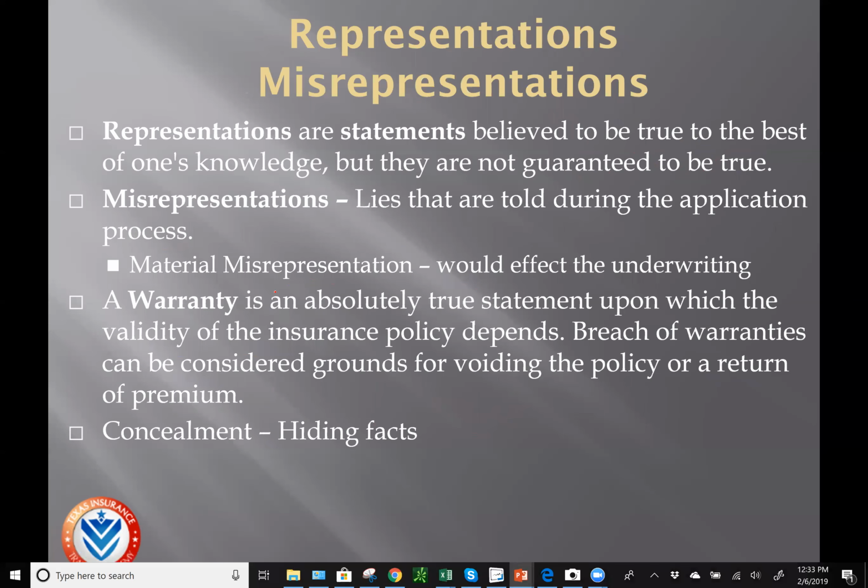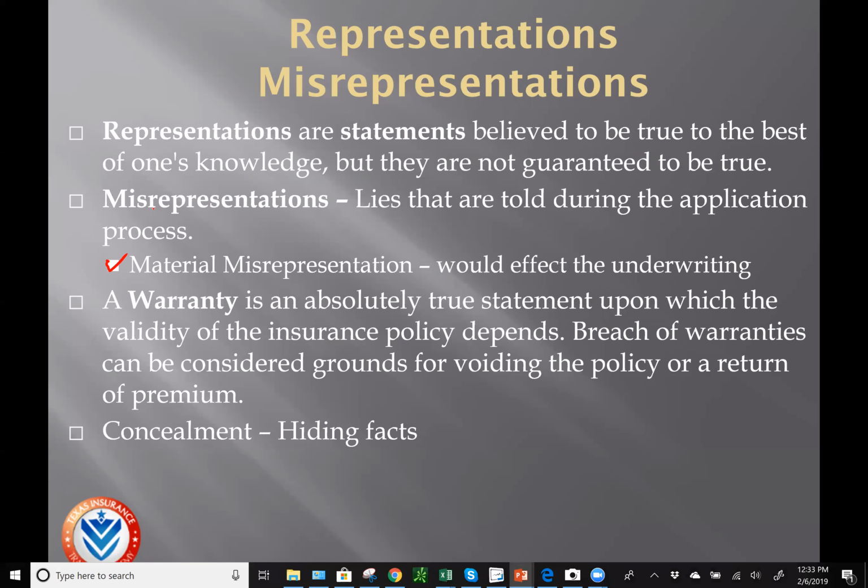Well, then my representations become misrepresentations. It could be a small white lie that does not affect the underwriting or a big lie that does. That big lie is called a material misrepresentation because it was material to the underwriting of the policy. It would have affected whether they would have offered me coverage or not.